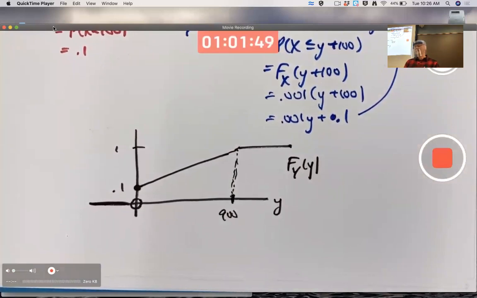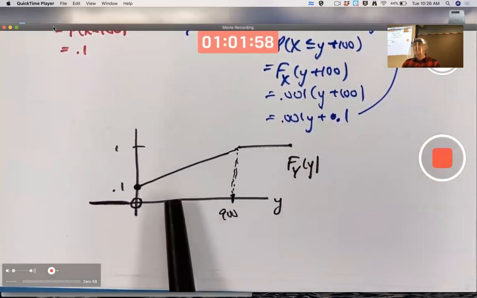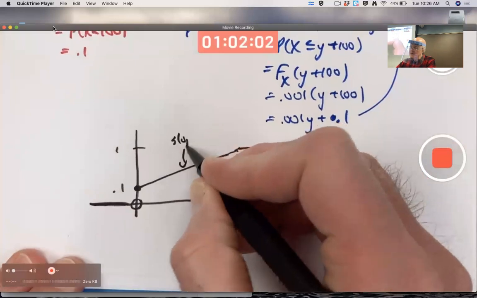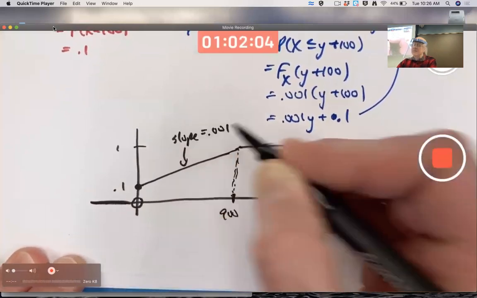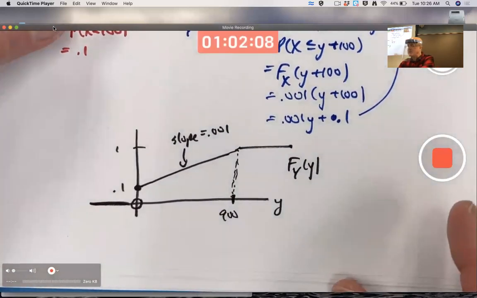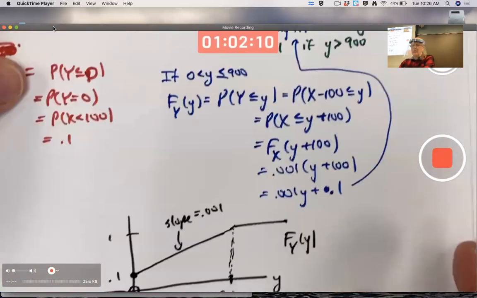What's its PDF then? Well, the PDF in general is the derivative of the CDF. So the slope of this is 0.001. So you would think that means then the graph of the PDF should be a horizontal line, right?